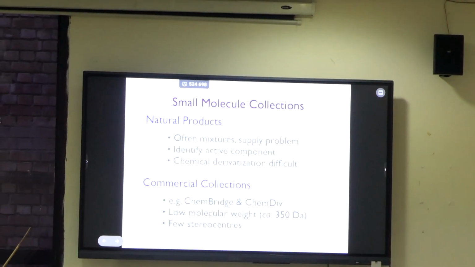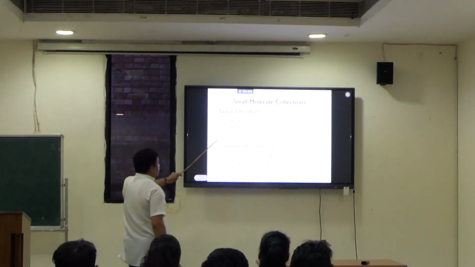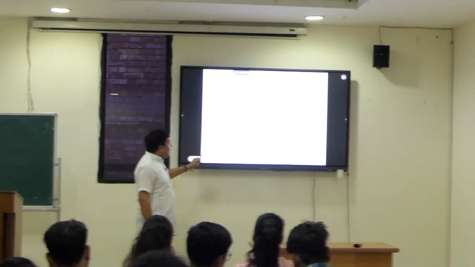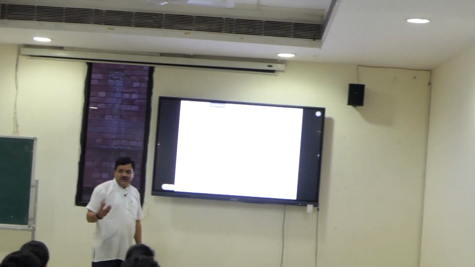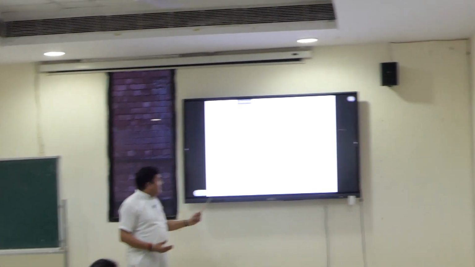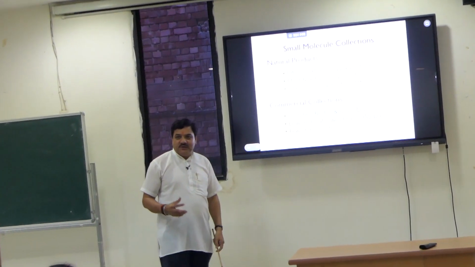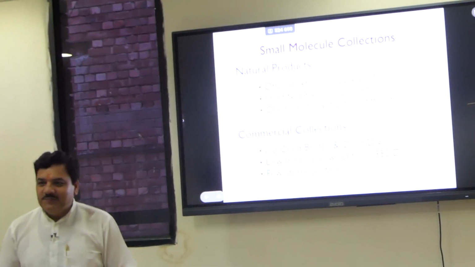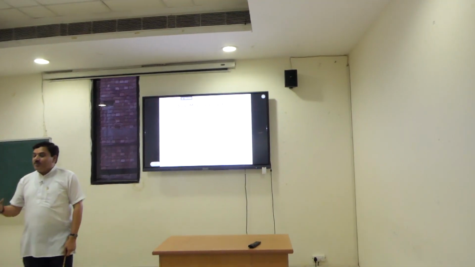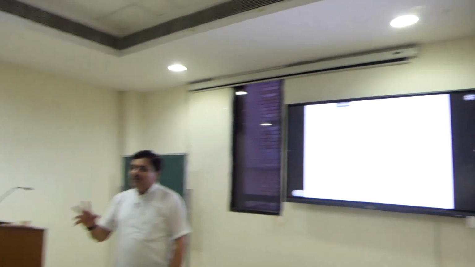Often they come as a mixture of compounds, and because there are many, their identification is also a challenge. Then chemical derivatization is also difficult, because when you go for lead optimization, you have got the molecule and now want to optimize it. If there is no possibility of chemical modification, then lead optimization is very, very difficult. So these are a few challenges from natural products.